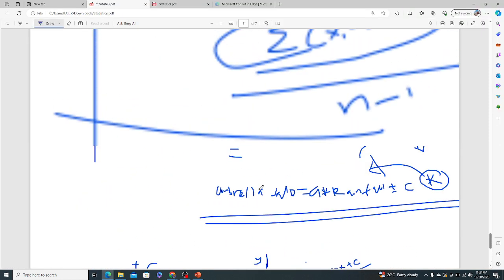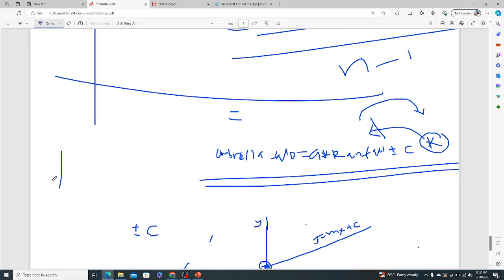If you remember me drawing a graph which looked like this, and another graph which looked like this. For this case, whenever x is increasing, y is also increasing. So in this case we'll have a positive linear relationship between the two variables.